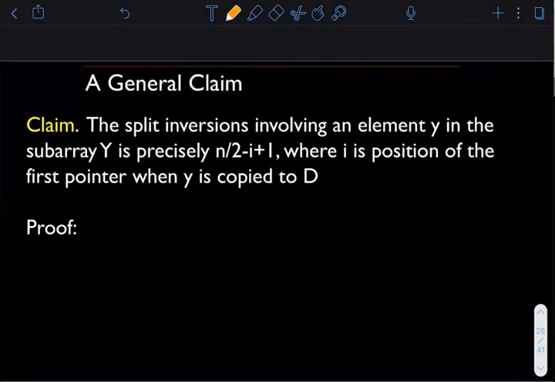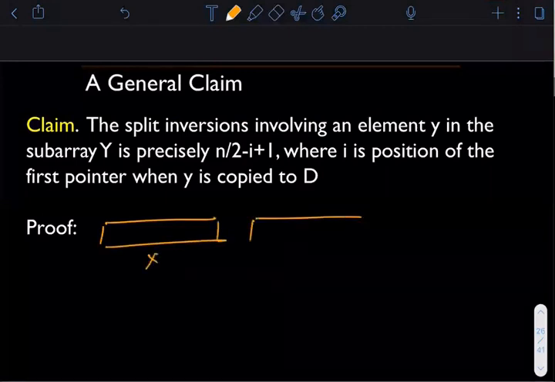Okay, so let me show this pictorially once, just to make sure that we are clear on this. So I have X here, I have Y here. Now suppose that in the merge procedure, I am currently at this element Y, right?